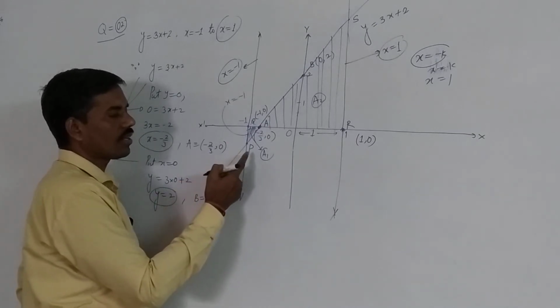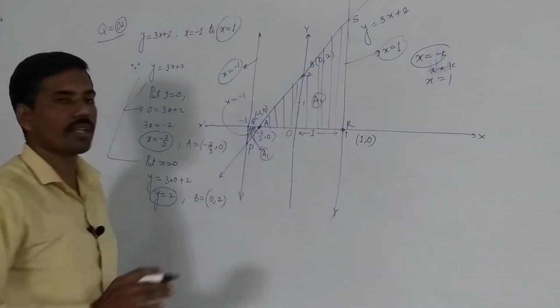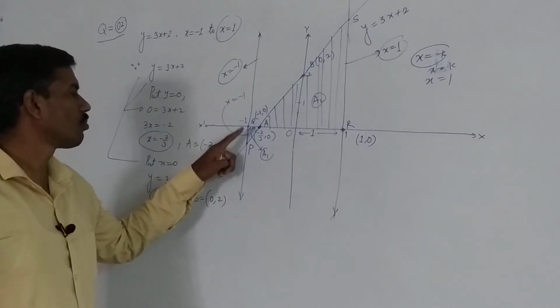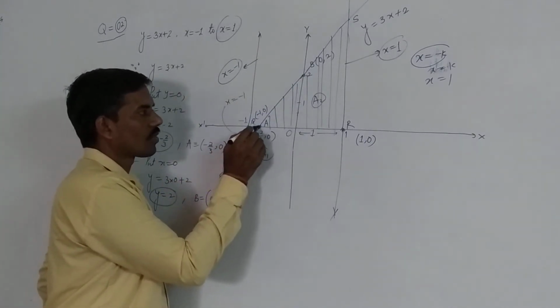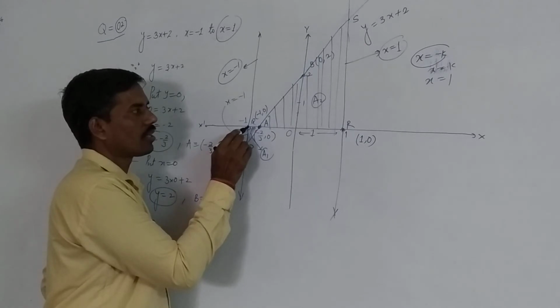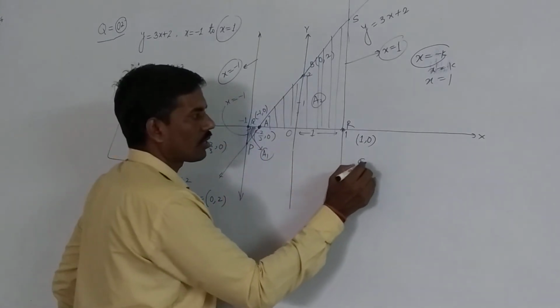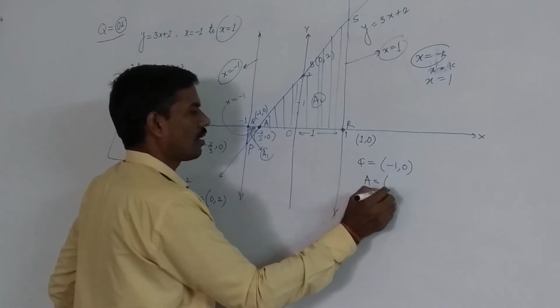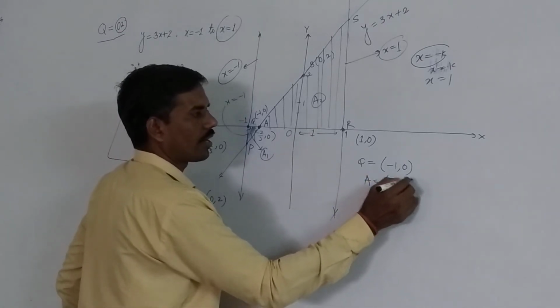That is the area made by the line y is equal to 3x plus 2 from x is equal to minus 1 to minus 2 by 3. This point is Q; the coordinates of point Q are minus 1 and 0, and point A is minus 2 by 3 and 0.